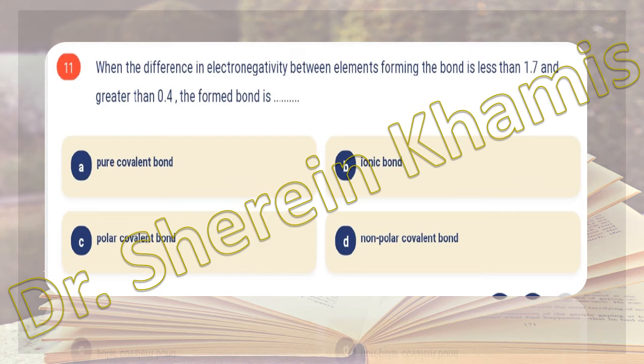And from 0.4 till 1.7, we have a polar covalent bond. So the right answer will be letter C, polar covalent bond. Okay, this is an easy question, and you have to remember the difference between each one. And if we are talking about greater than 1.7, we are talking about an ionic bond.